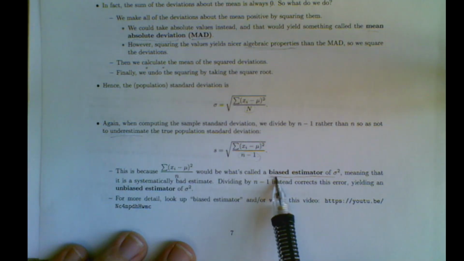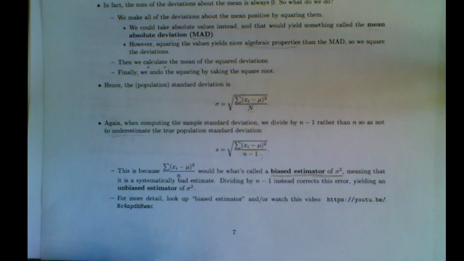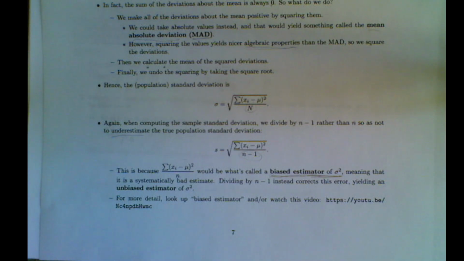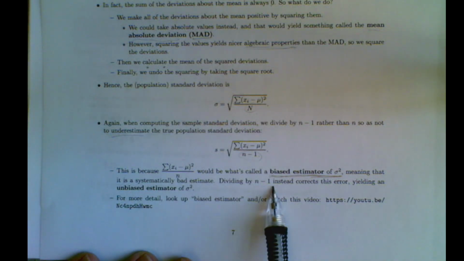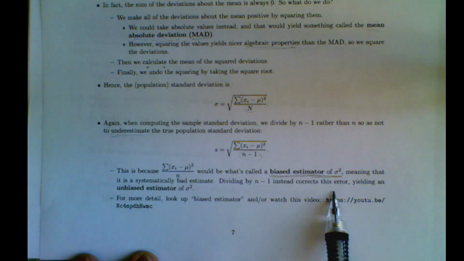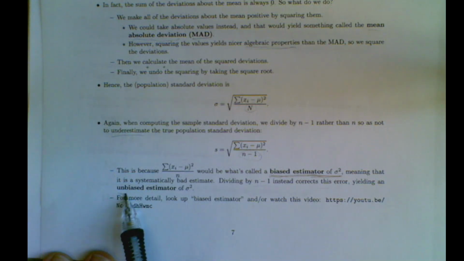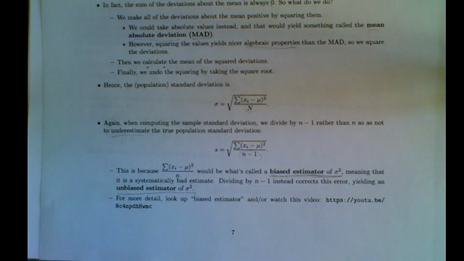In this case it would be a biased estimator of our variance, sigma squared. And what that means is that it's a systematically bad estimate. And it turns out the math just happens to work out so that if you divide by n minus 1 instead of by n, then we correct for that error. And that yields what we call an unbiased estimator of sigma squared.